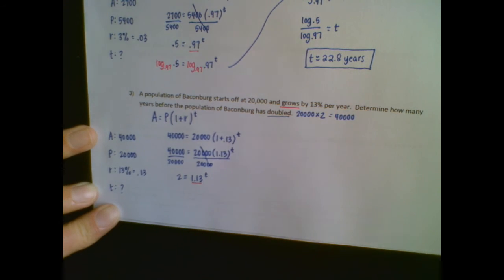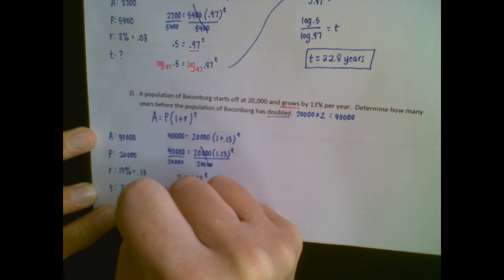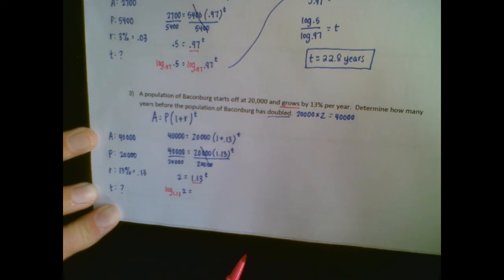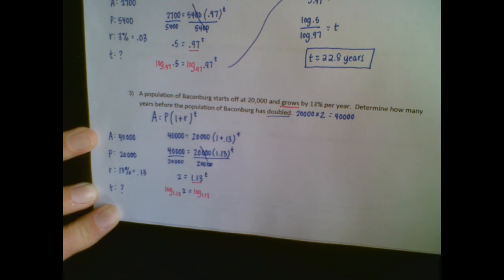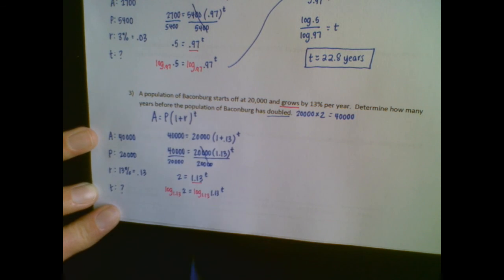I need to undo that by taking log base 1.13 of both sides. So take log base 1.13 of 2 on the left-hand side, and I'm also going to do the same thing on the right-hand side. So log base 1.13 of 1.13 raised to the t on the right-hand side. So again, this is an inverse operation. This undoes itself.